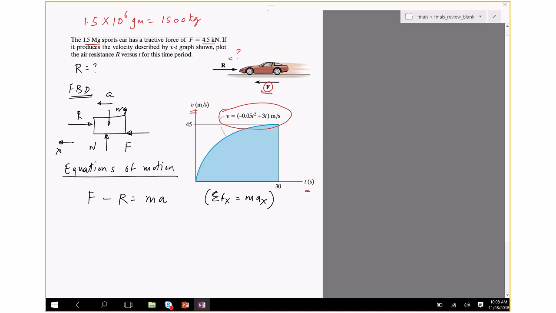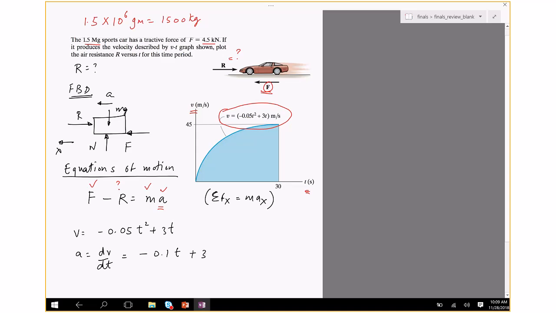Let's see what's given. F is given, R is the unknown, the mass is given. Is the acceleration given to you? You are given the acceleration because you are given the velocity time plot. Let's find A, because once we know A, we can find R. V is minus 0.05t squared plus 3t, and acceleration is the rate of change of velocity, so that's minus 0.1t plus 3, because the derivative of t squared is 2t.